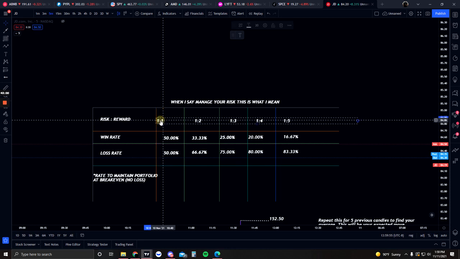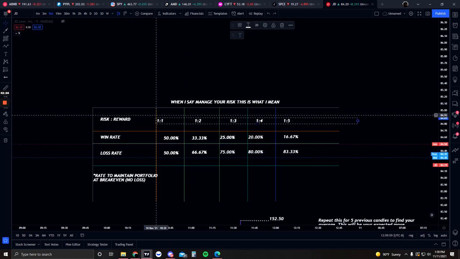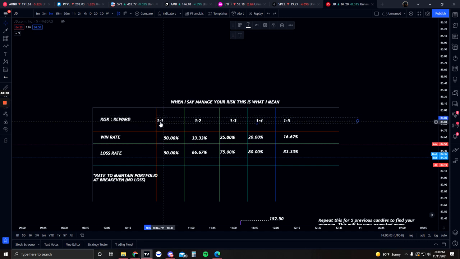A lot of you guys have a 1-to-1 risk to reward ratio. What you guys do is you're 50-50. You might make 500 and then you lose 500. Or you might make 1,000 and you lose 1,000. And then some of you whose accounts are down might make 500 and then lose 1,000. You guys have the opposite, right?